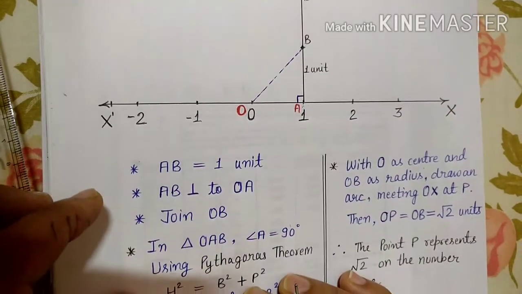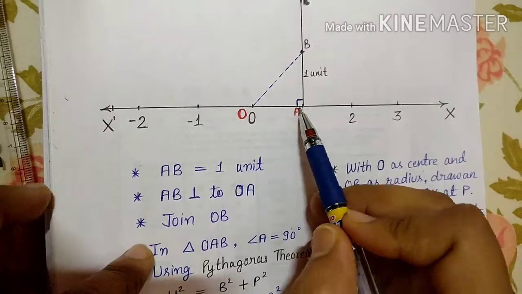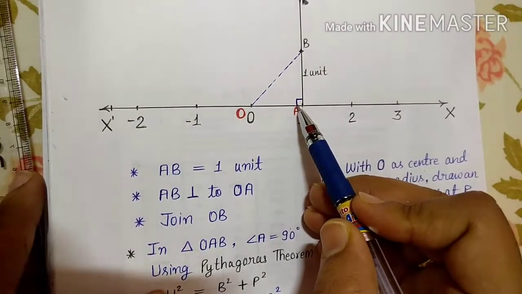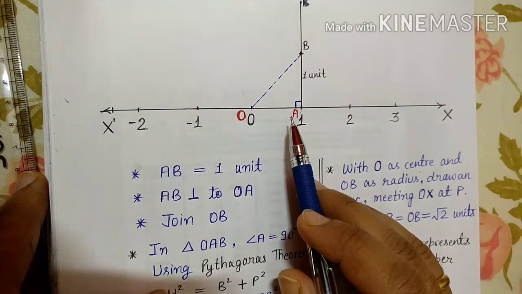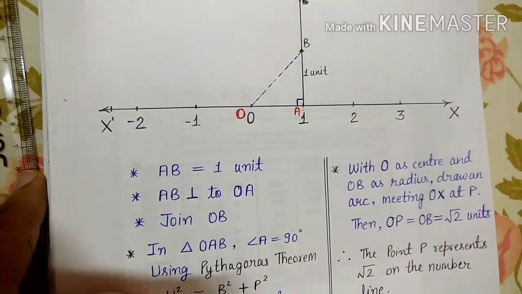So we get a triangle OAB in which angle A is 90 degrees. When we get a 90 degree angle in a right angle triangle, we are going to use the Pythagoras theorem.